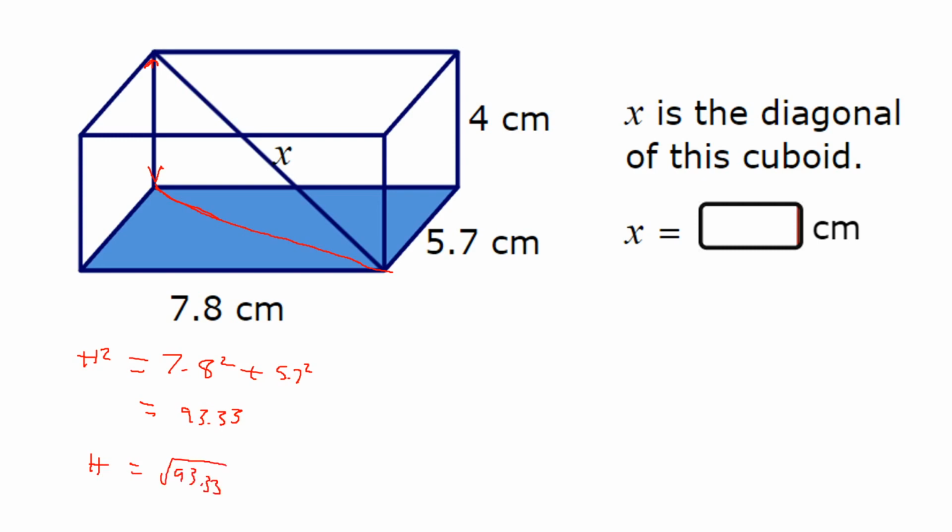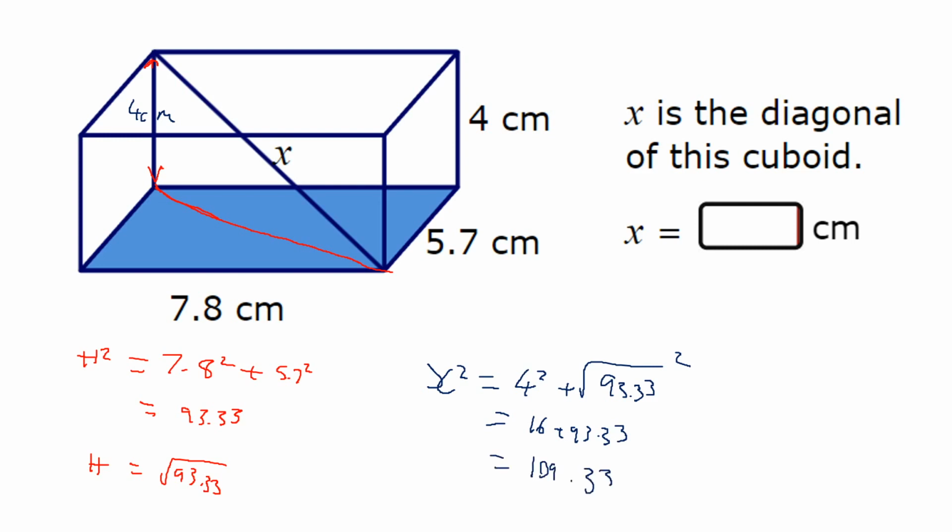And now we need to find out what x is. So x squared is going to be equal to, what's this height here going to be? It's going to be 4 centimeters. So we can label it as such. x squared is going to be 4 squared plus the square root of 93.33 squared, which is just going to be 16 plus 93.33, which is just going to be equal to 109.33.